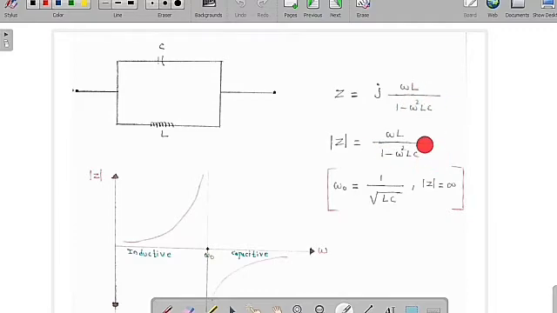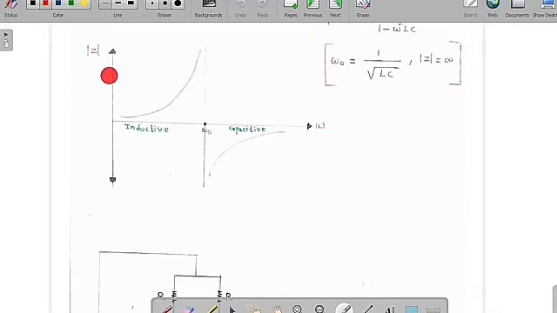For omega less than omega naught, this overall value is positive, but when omega is greater than omega naught, it becomes negative. So we can say the magnitude of the impedance can be positive or negative. At omega naught it is infinity, but when omega is less than omega naught, it is an inductive circuit because the magnitude of Z is positive.